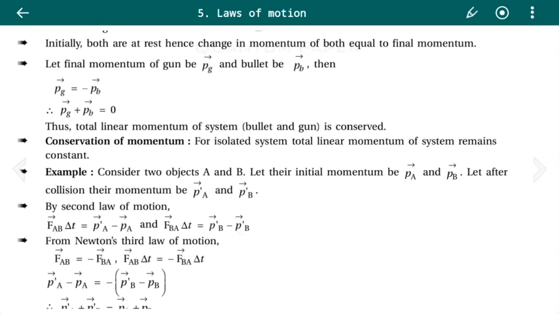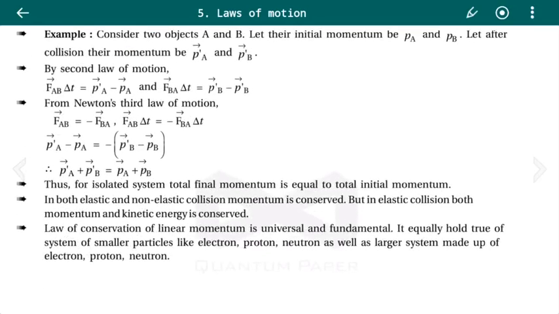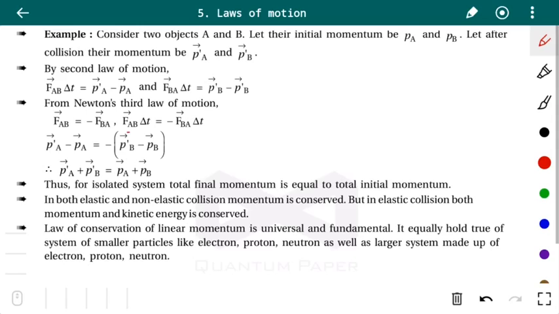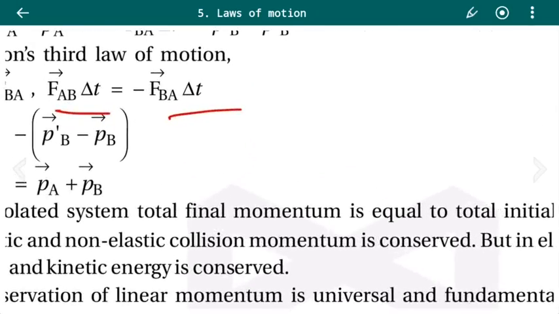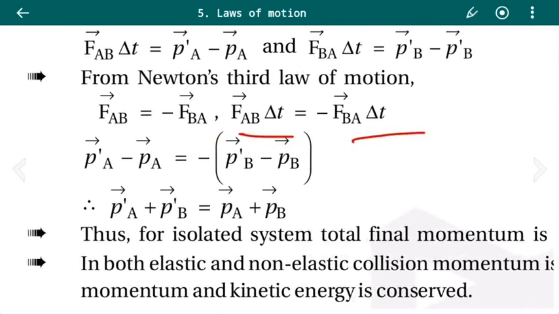From Newton's third law of motion, we can say that FAB equals minus FBA. Using this equation, multiplying both sides by delta t, we get FAB delta t equals minus FBA delta t.